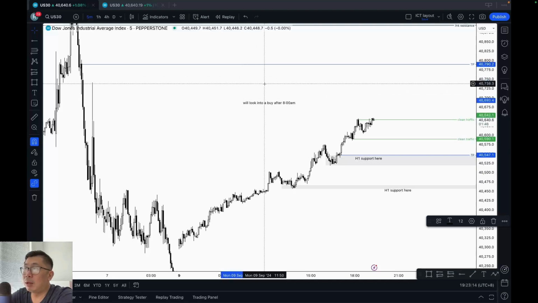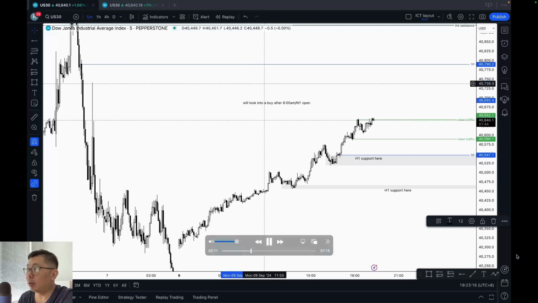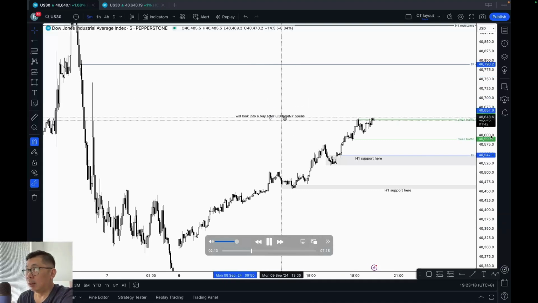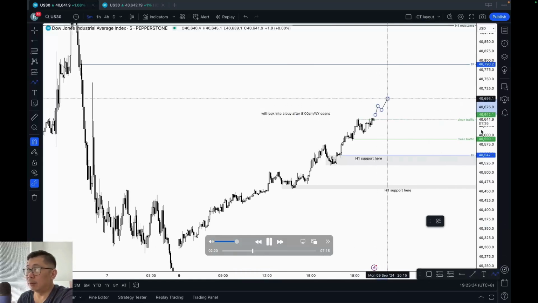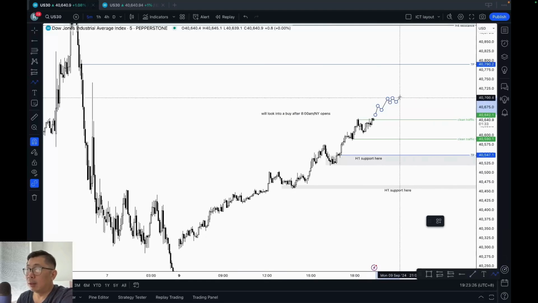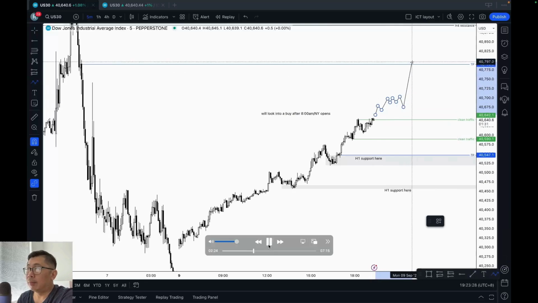Right, so I said we'll look after buy after 8 a.m. Right, so you see the time is ticking. Right, and that is one potential scenario where price, because this looks like it's going to break anyway.